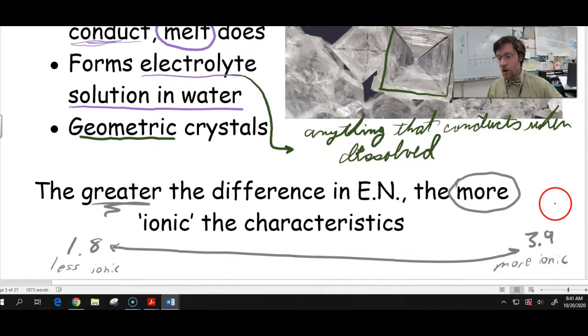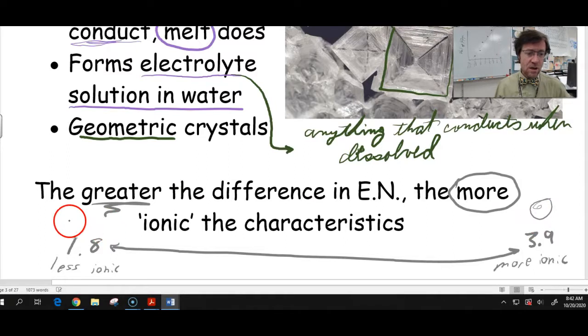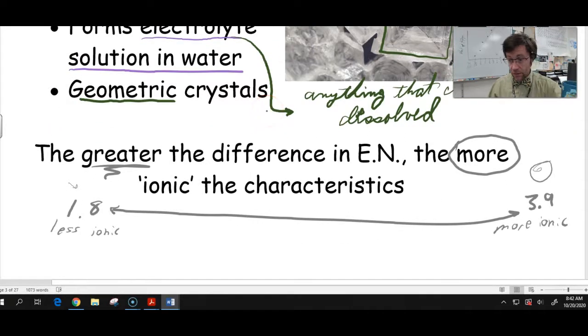This would be crazy solid, with perfect, beautiful, sharp-edged geometric crystals, whereas this one might be hard, but maybe you could bend it a little bit before it breaks, and it won't shatter into a million pieces, it'll just break off. So there's a million different shades in between, as always, because I've never known nature to be simple and easy. And if you ever get there, let me know.